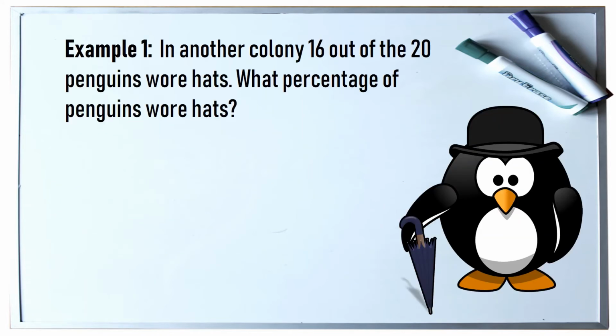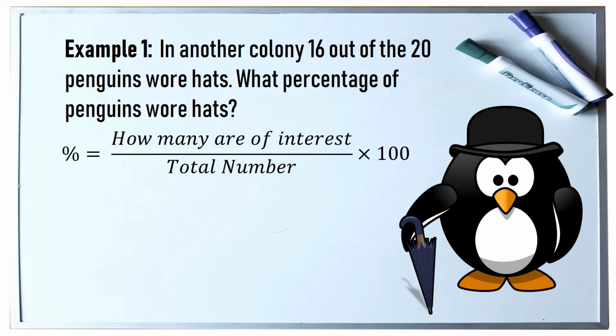In this example, we had 16 out of 20 penguins wearing hats. To work out what percentage wore hats, it's 16 divided by 20 times 100, that gives us 80%. So it is worth noticing that even though there were less penguins wearing hats, there were a higher percentage that did.